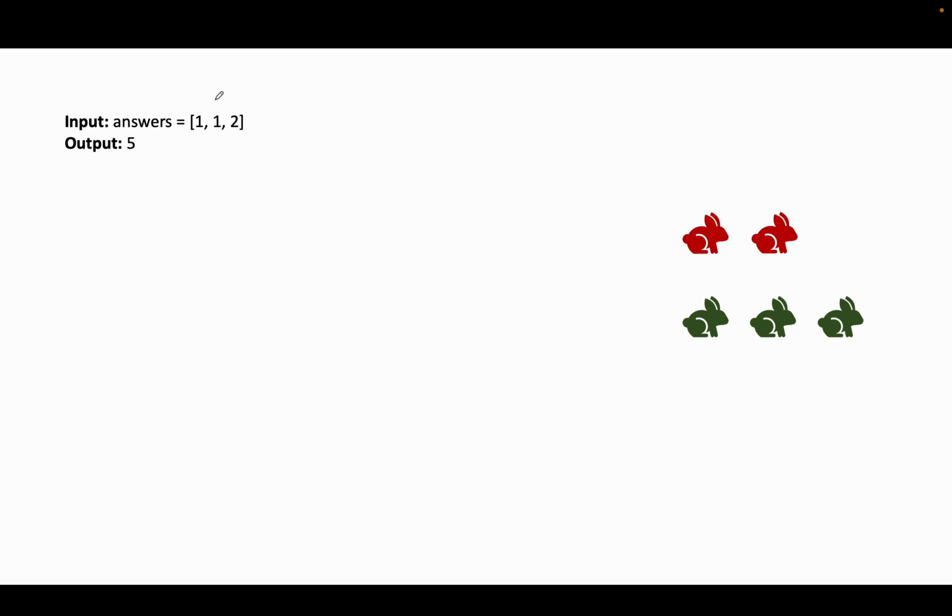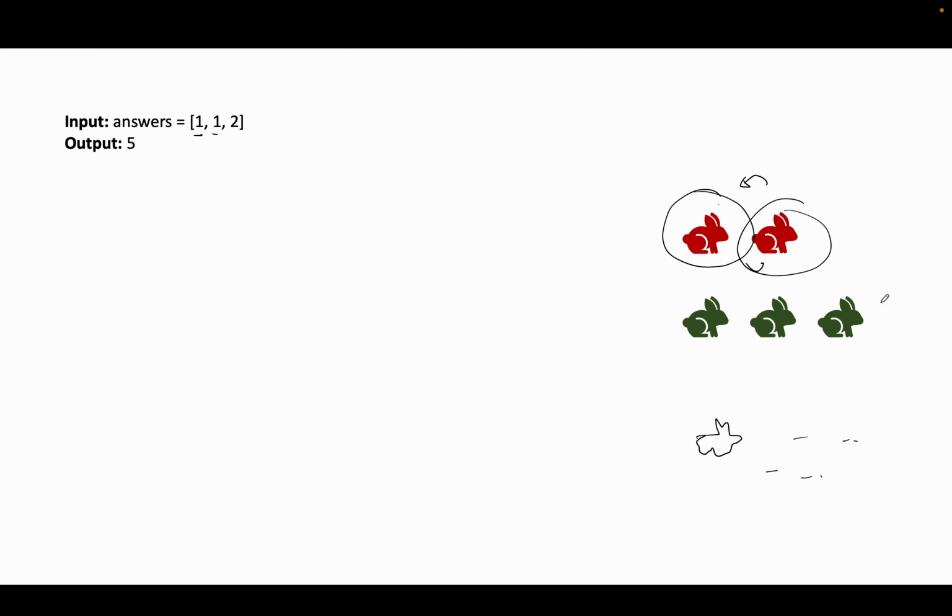So first example is that we asked three rabbits. There are many more rabbits, but we don't know them. Let's say we asked this rabbit, which is of red color, and it says that, yeah, there is one more rabbit of red color. Then we asked this one, and this also says that there is one more rabbit of this color, whichever I am.